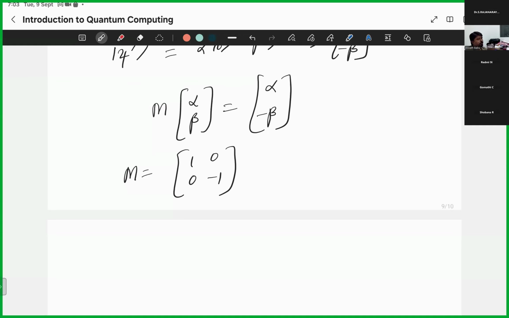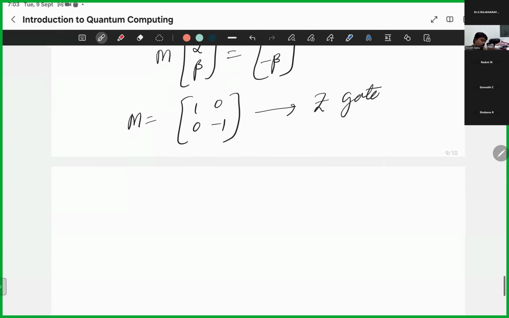Again, by trial and error, you can easily guess what this M is, which is like 1, 0, 0, minus 1. So 1, 0, 0, minus 1, which is actually called the Z gate in quantum processing.